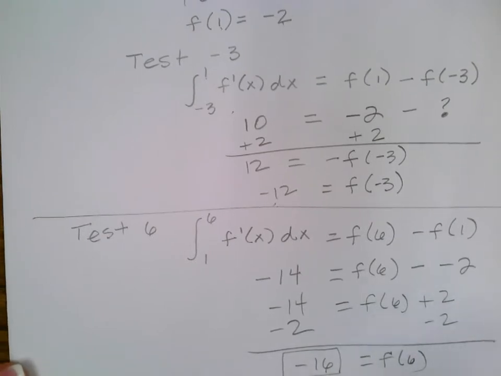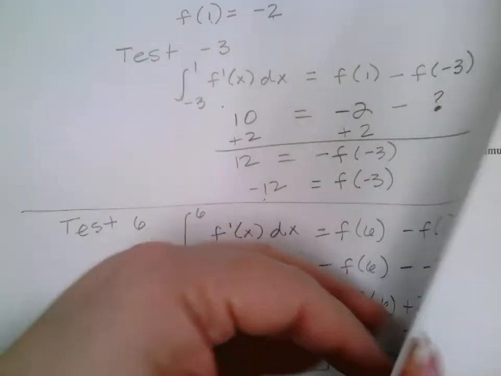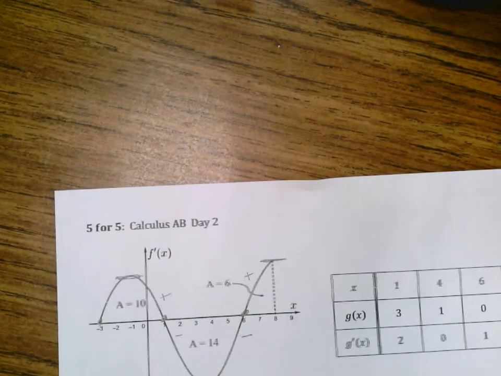So I'm going to test 8 and see if that works out any better. And yes, you do have to go through this process for all of the candidates, the endpoints and the critical points. So now we'll test x equals 8. We're going to go from 1 to 8 since I know what 1 is. I guess I could go from 6 to 8. But the problem here, I believe, is with the graph. Yeah, I do.